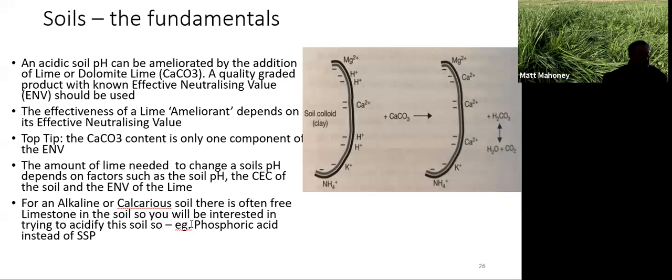You can literally put on liquid phosphoric acid instead of granular fertilizer. That's very corrosive, but it works a treat, and you can supply phosphorus into those calcareous soil types and slightly acidify it and bring it back, because being too alkaline isn't the best either. We want that sweet spot that we've spoken about in terms of soil pH.